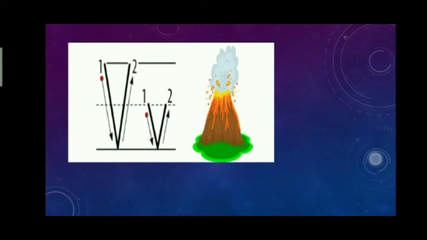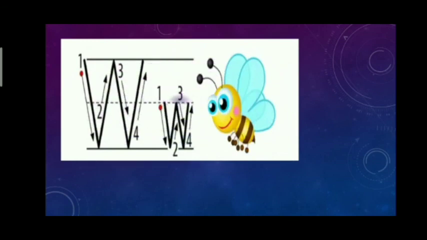Coming to the next letter, W. Starting with the red dot, slanting line, down to up to down to up. First, starting from the top, coming to down, slant line.